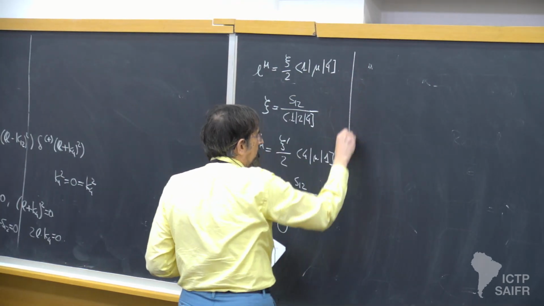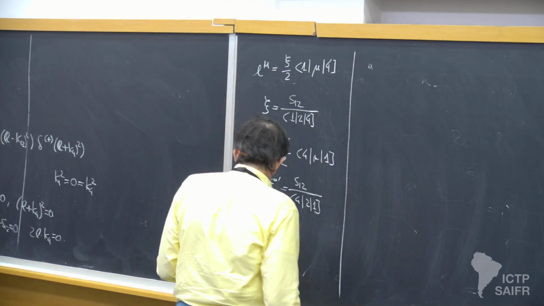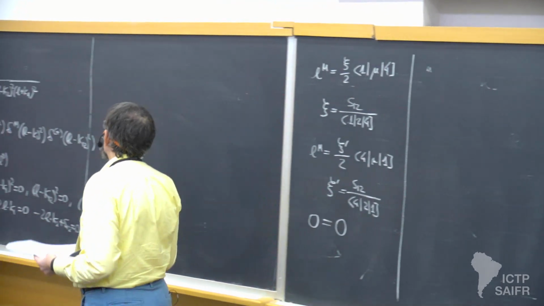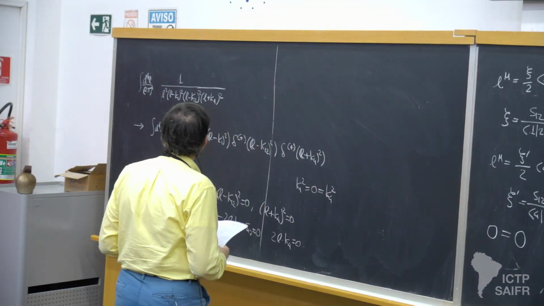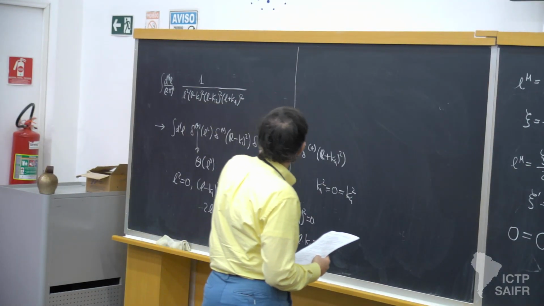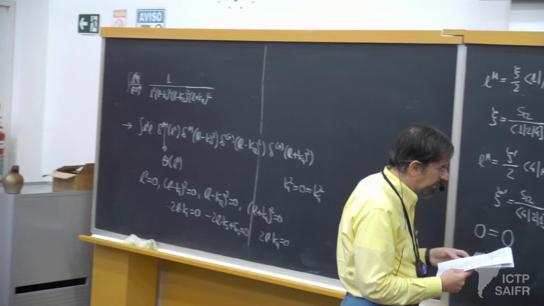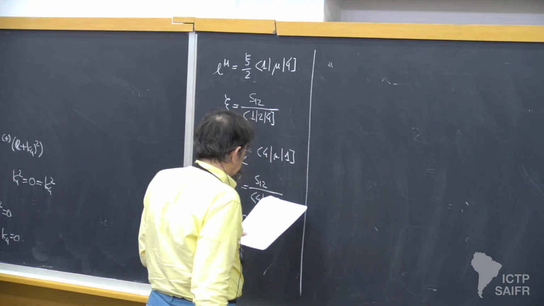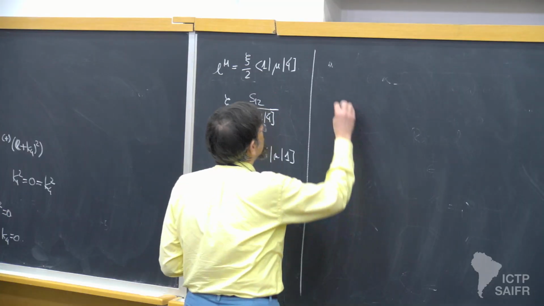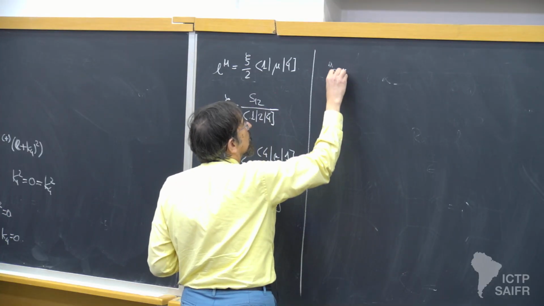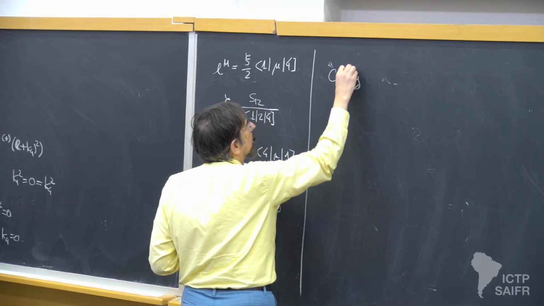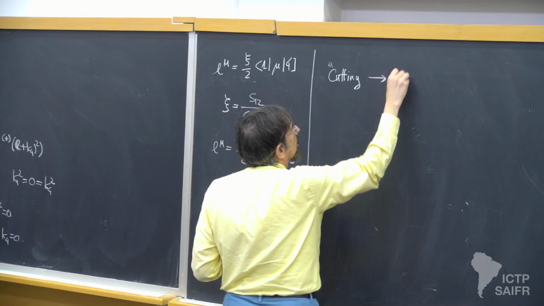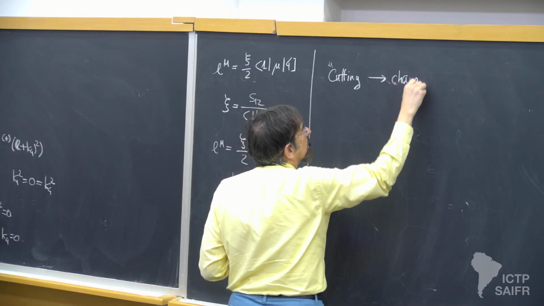So in order to solve this problem, we need to redefine what we mean by a cutting, essentially redefine what we mean by these delta functions. And the way we do that is that we should think of cutting as changing integration contours.